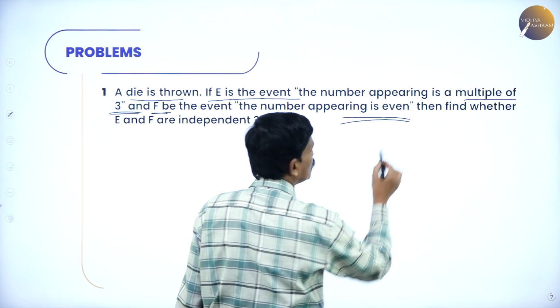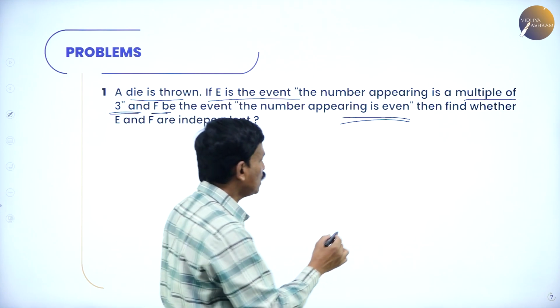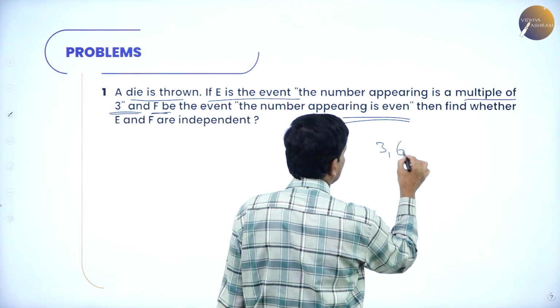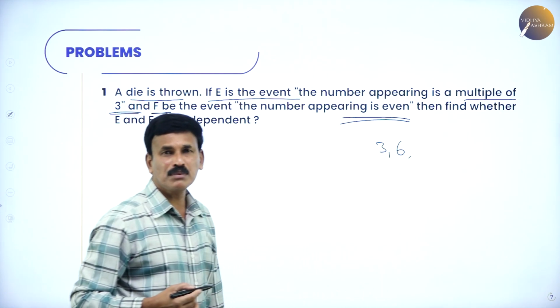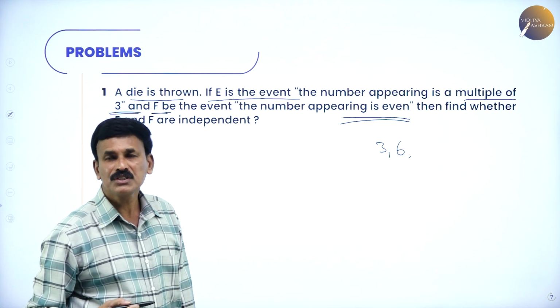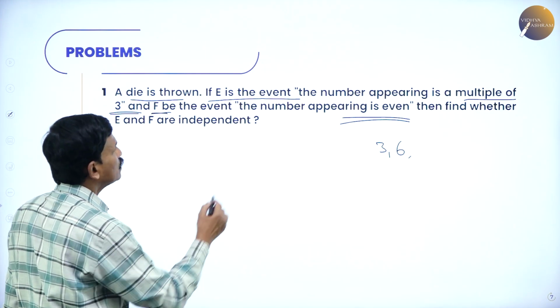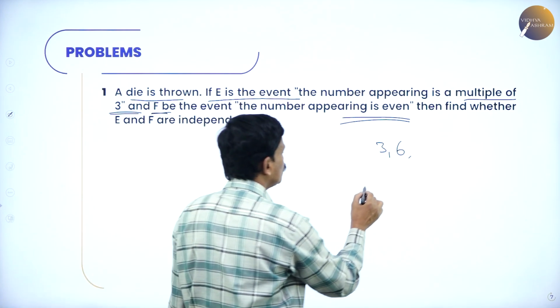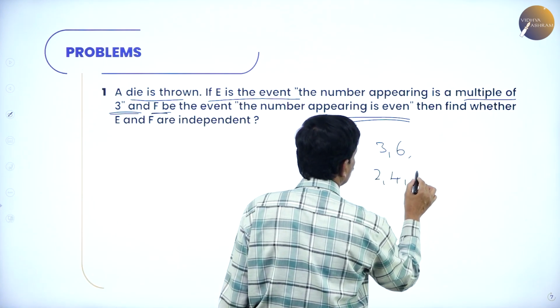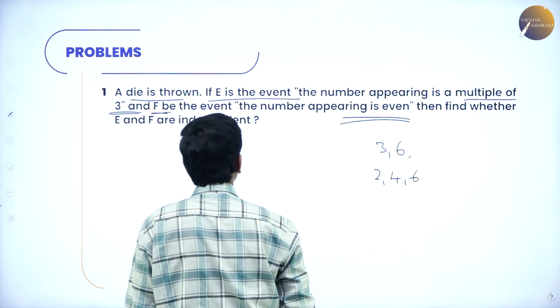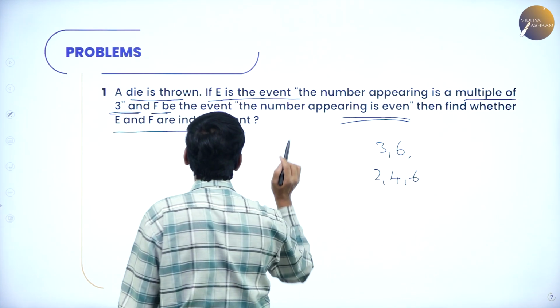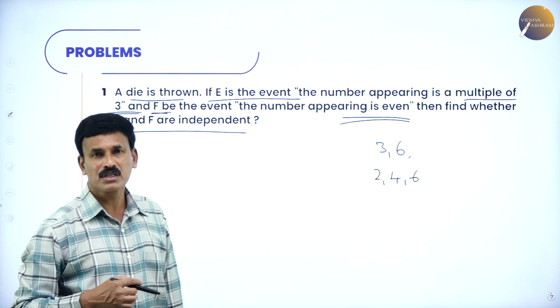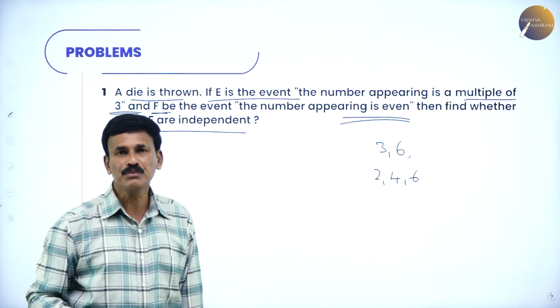So the first condition is the multiple of 3. Multiple of 3 means 3 and 6. Then F is an event that the number appearing is an even number. So the even numbers are 2, 4 and 6. Then find whether E and F are independent events or not. That's all. Okay, very important problem.